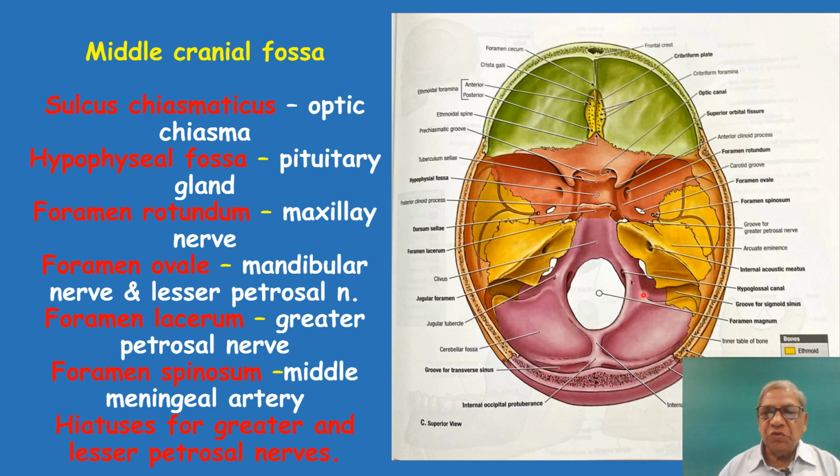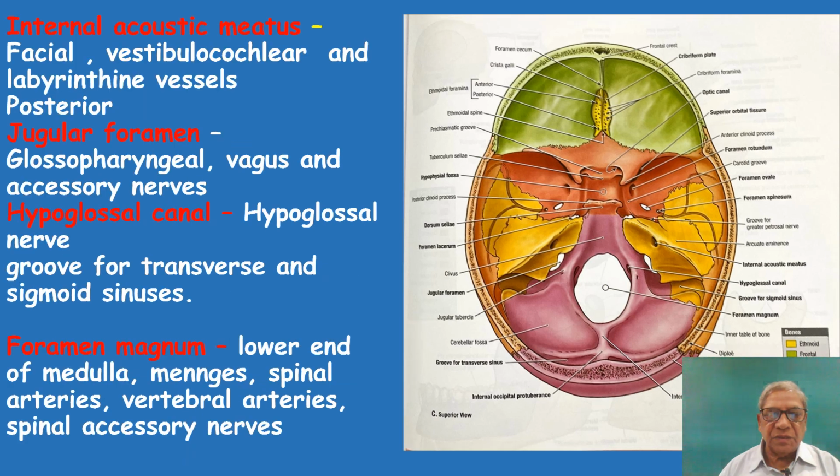Okay, let's move to the posterior cranial fossa. In the posterior cranial fossa, the important foramen is the internal acoustic meatus. He will ask you, what are the structures which pass through the internal acoustic meatus?